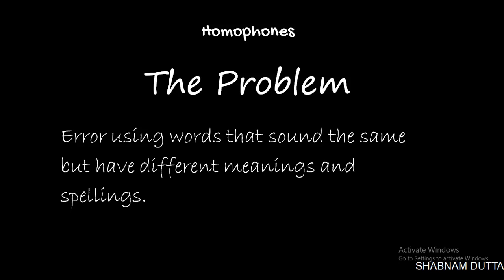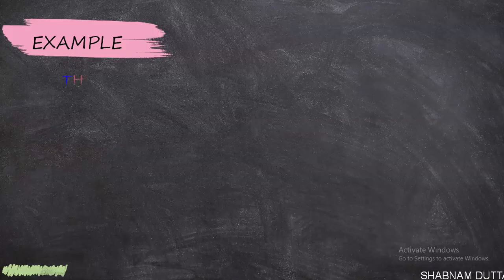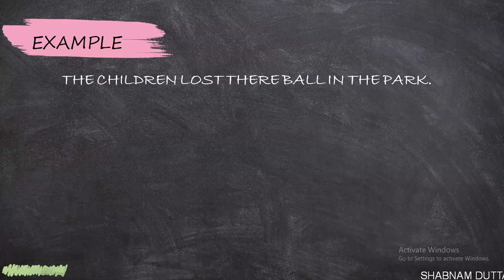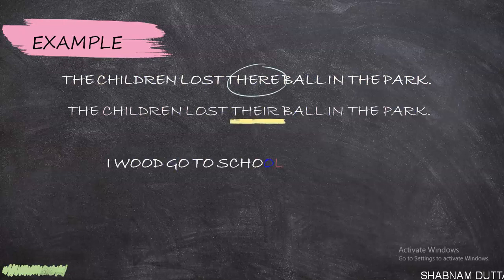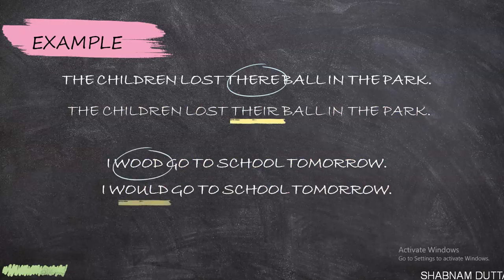For example, if you write, the children lost there ball in the park instead of the children lost their ball in the park, you will end up scoring less. So it's important to be careful not to use the wrong homophone in your writing.